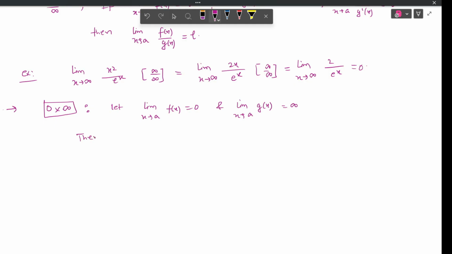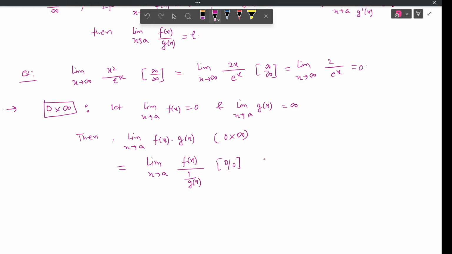Then limit x tends to a, f of x multiplied by g of x. See, f of x is 0 and g of x is infinity, so this is 0 into infinity form. Now this limit can be written as limit x tends to a, f of x by 1 by g of x. Now g of x is infinity, 1 by infinity is 0, f x is 0. So now this is in the form 0 by 0.